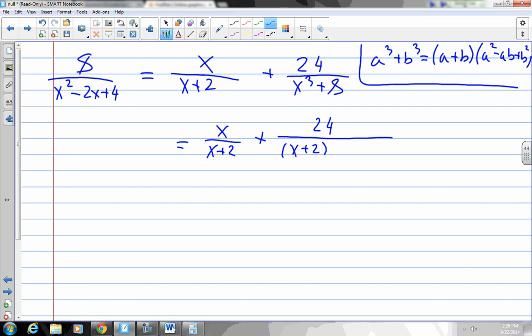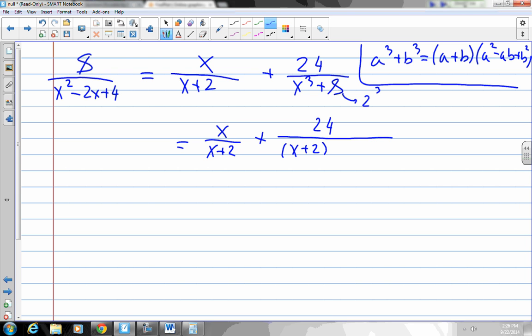When I'm trying to factor x cubed plus 8, a is just x, and b is 2, because 8 is really 2 cubed. So my first parenthesis is just x plus 2, a plus b.